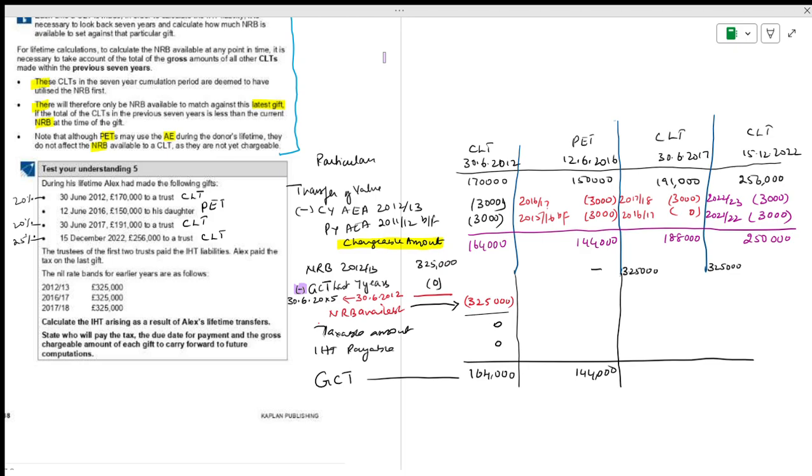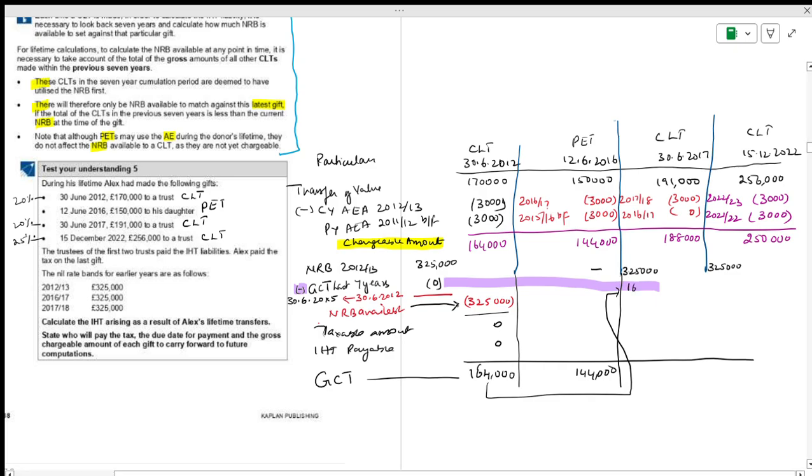But if you take this one into consideration, how much is the gross chargeable transfer in the last 7 years? 164. Are you understanding? Yes. Okay.